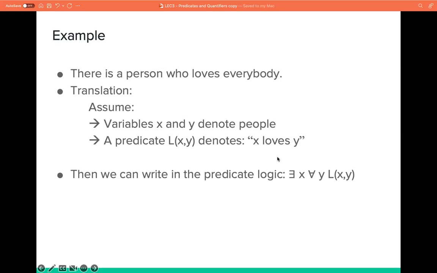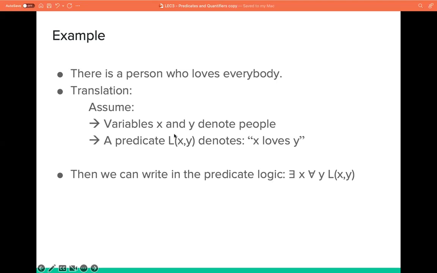Now, another example: there is a person who loves everybody. First, we have to denote variables for the subjects, and we can see the subjects here: person and everybody. Let's say we denote x to be the person and y to denote people or everybody.